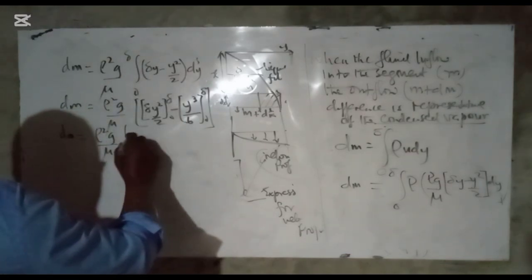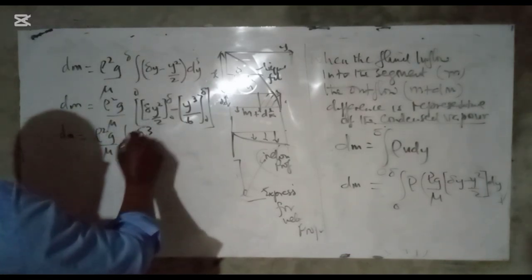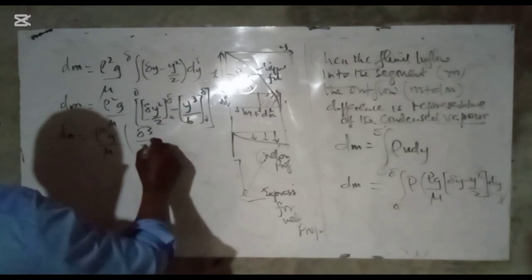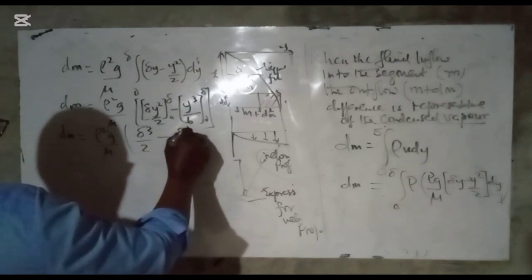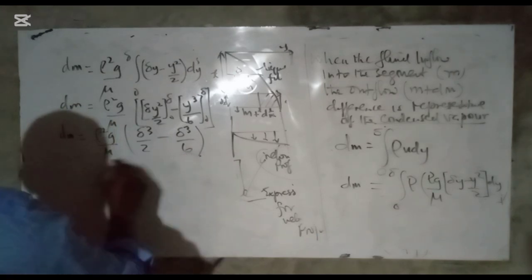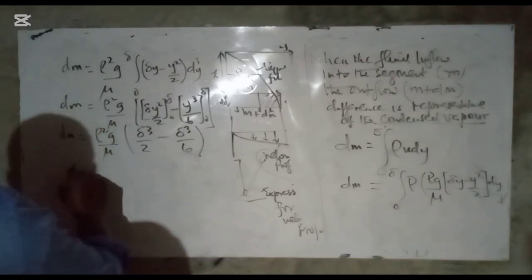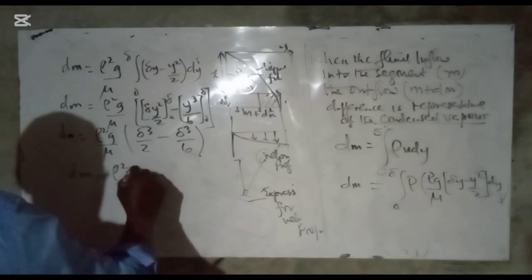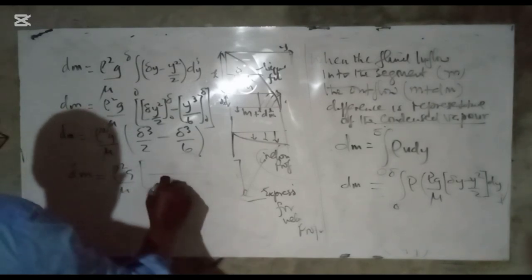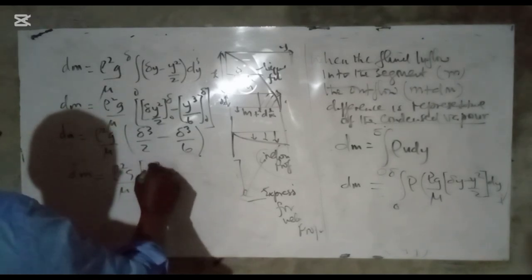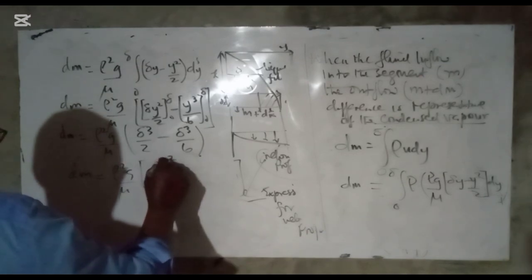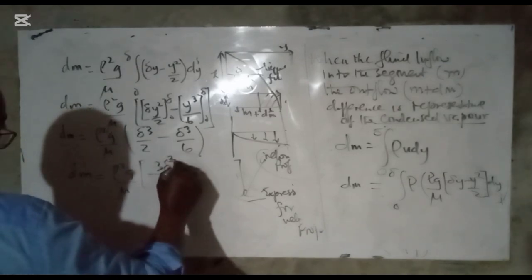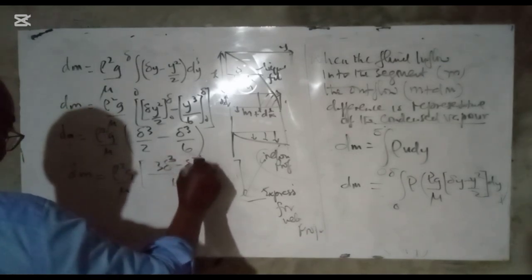So that would be sigma cubed over 2 minus sigma cubed over 6. So of course, if we take the lowest common denominator, we have 3 sigma cubed minus sigma cubed.